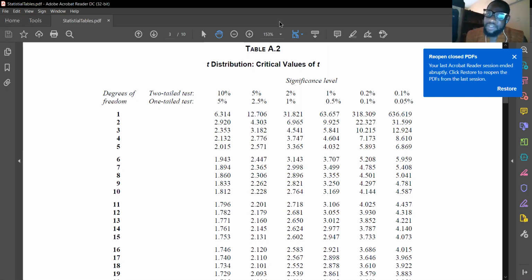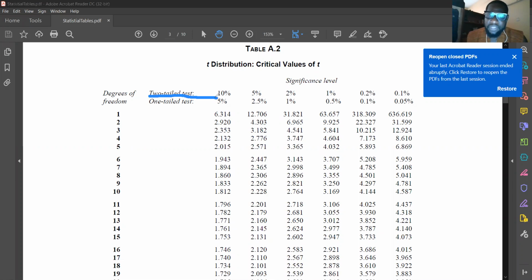So under critical values of T, we were able to deduce that our level of significance is 0.05 and the hypothesis was non-directional. So since it is non-directional, our hypothesis is two-tailed. So you're supposed to select one of these levels of significance, and we're able to deduce that it is 0.05. When you convert 0.05 into percentage, it will be 5%, meaning that you're supposed to read our information here.